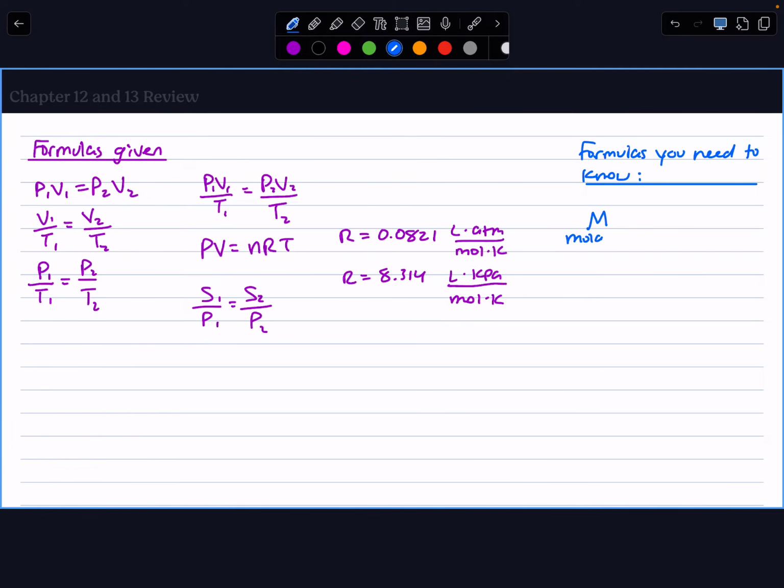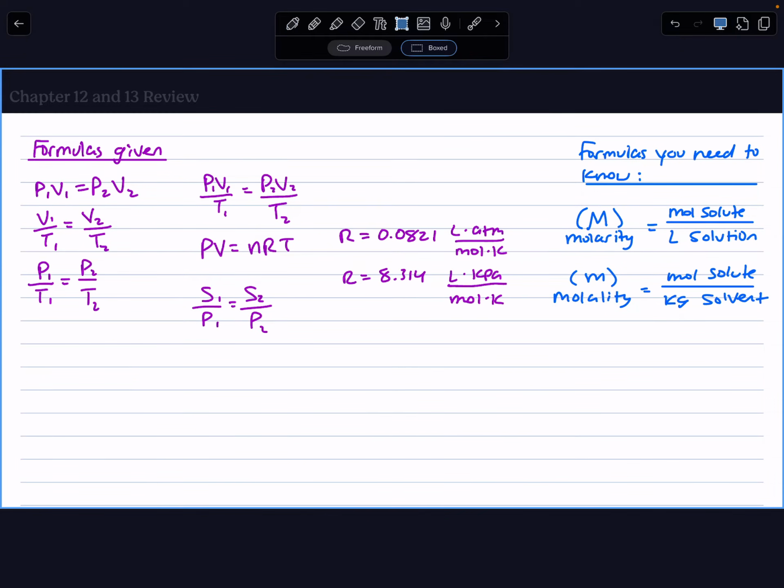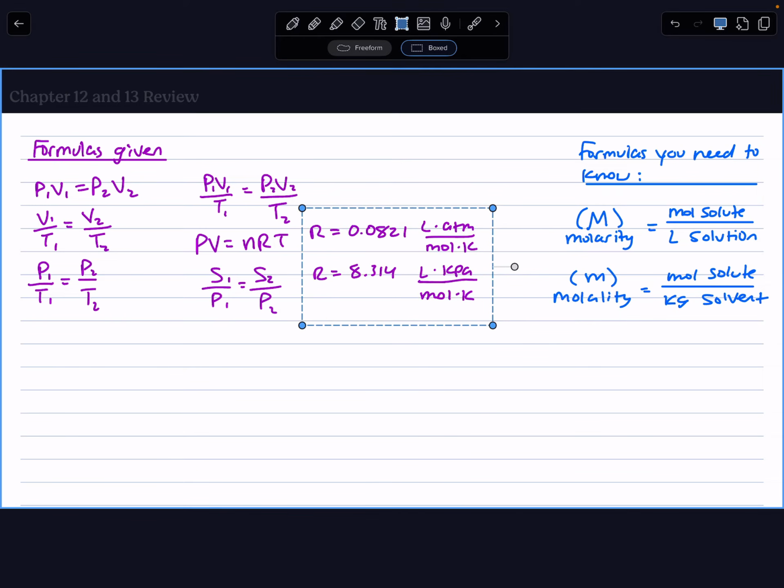Molarity equals moles of solute over liters of solution, and then molality, which is baby M, is the same thing on top, moles of solute, but it's kilograms of solvent. Okay, so the purple is what I give you, the blue is what you need to know. Any questions on that? Can you write, like, who's who?